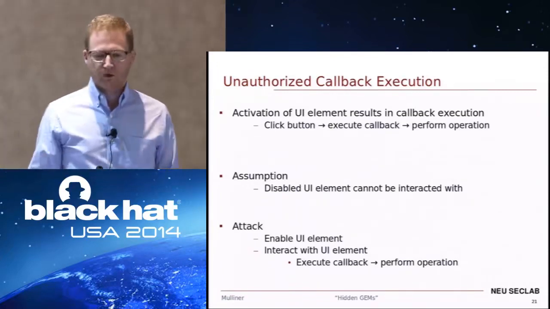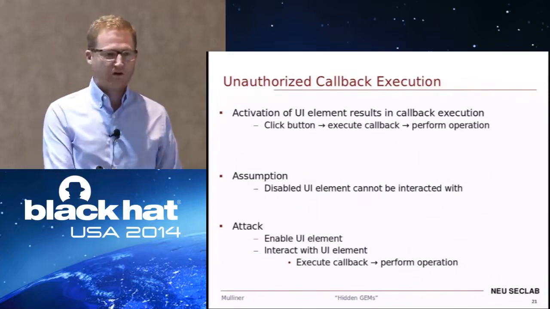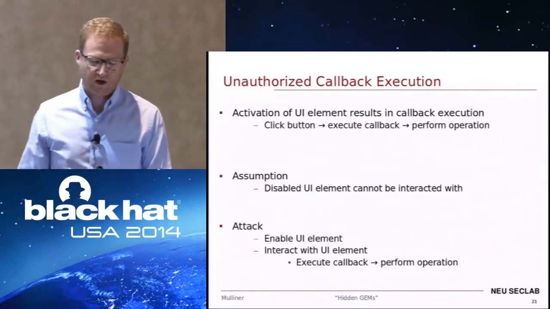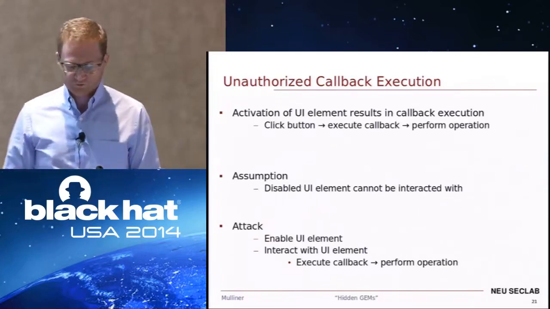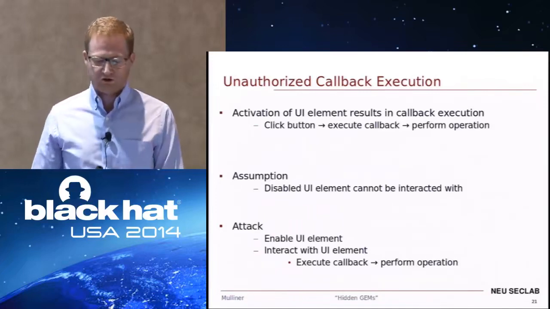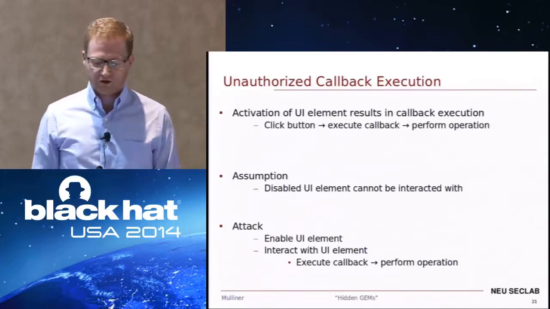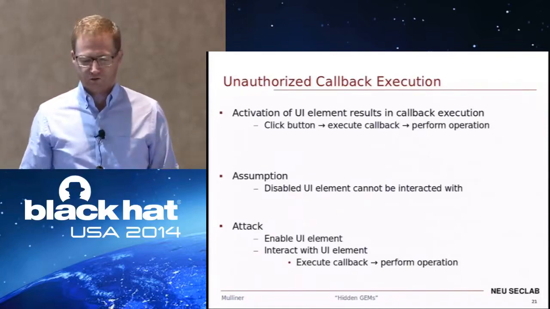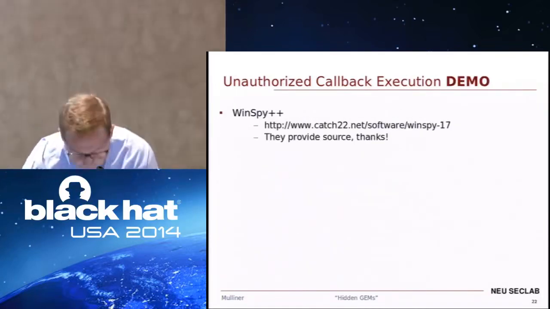Here developers assume that if they disable that element, the user cannot interact with it and cannot have this code execute. The attack would be you enable the UI element, then interact with it, and that's how you get to execute the callback and perform whatever operation you wanted to perform.